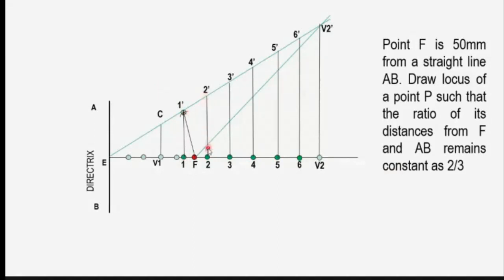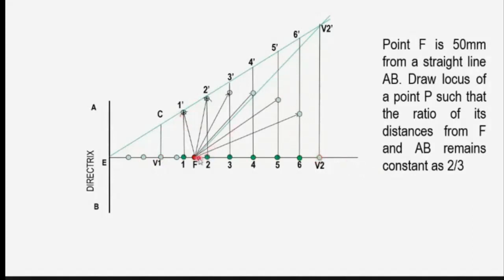Similarly, take 2 2 dash as radius, F as center, draw an arc which cuts the line 2 2 dash somewhere. That point is my point P2. And in this way, locate P3, P4, P5, and P6. So this way I have located 6 points plus my point V1 and V2.